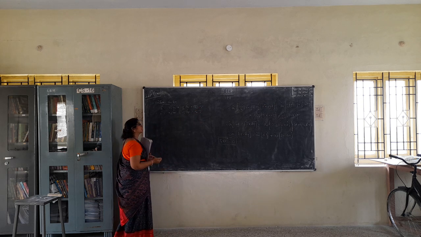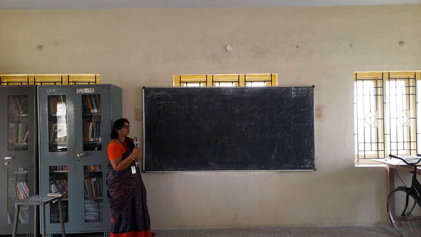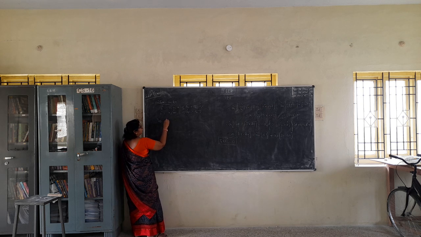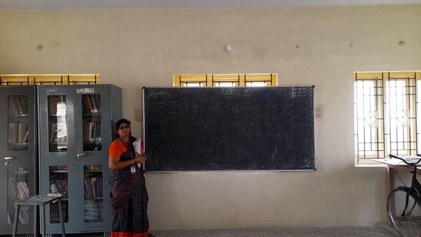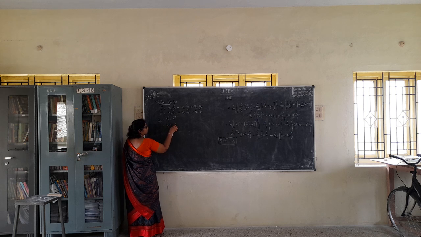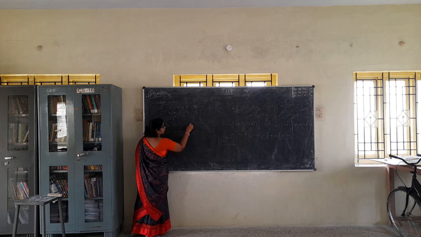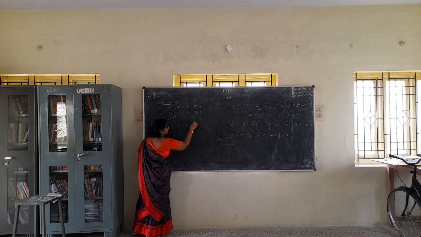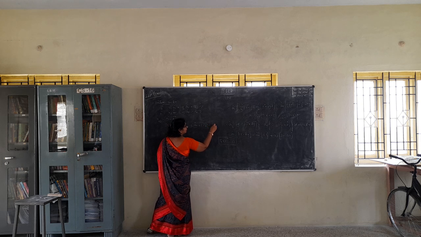Then the position vector RAB between two vectors A and B will be equal to B vector minus A vector. Substituting, (x2 minus x1) ax vector plus (y2 minus y1) ay vector plus (z2 minus z1) az vector.